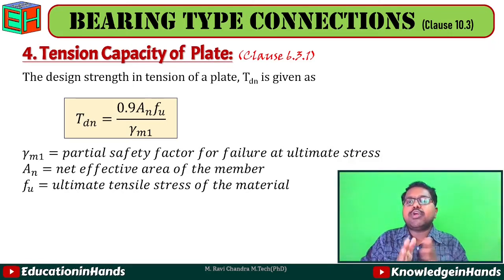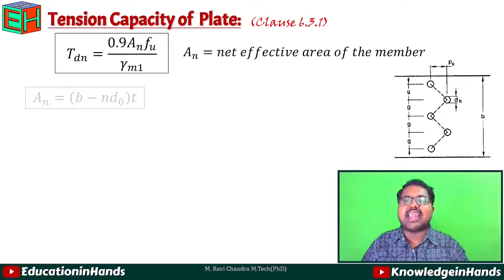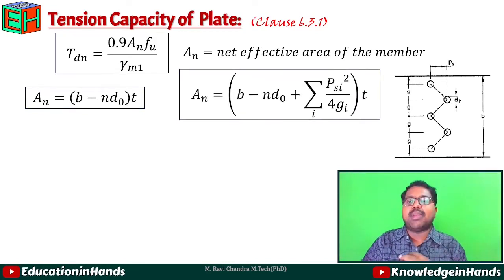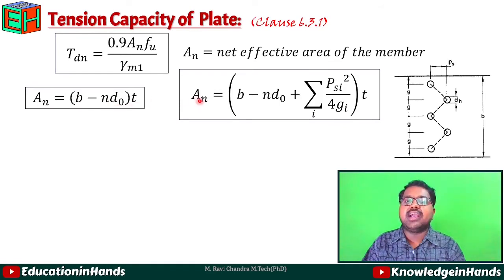But here we don't know how to calculate the value of AN. AN, which is the net effective area of the member, is calculated using this formula: AN equals B minus N DH into T for chain bolting, and AN equals B minus N DH plus sigma PSI square by 4GI, into T for staggered bolting.